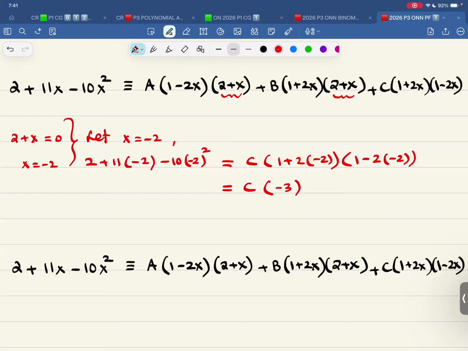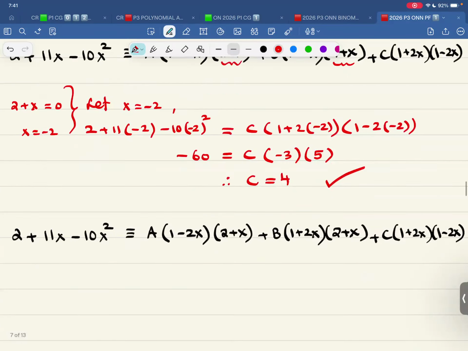And this is 4 plus 1, which is 5. And what's on the left-hand side? So let me look at my WhatsApp. Maybe someone has given me the answer. No one. -60. Thank you, Hiba. So this is -60. That is equals to -15c. Therefore, c comes out to be +4. That is the first constant that's found.